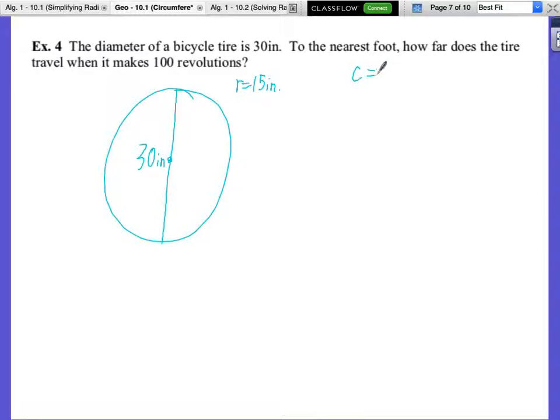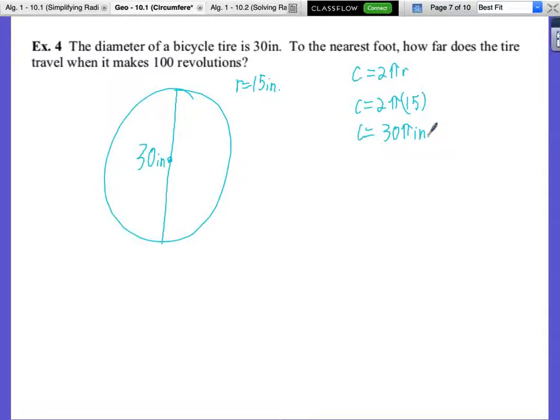So we said circumference is equal to 2 times pi times r. So if we have circumference is equal to 2 times pi times 15, it would be 30 pi inches. And we said we need how many of those? 100 of them.